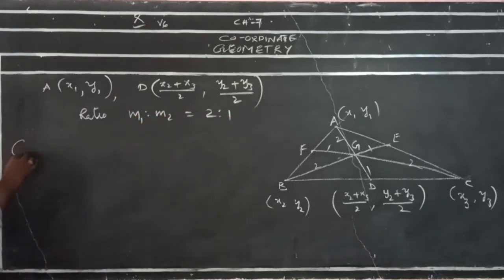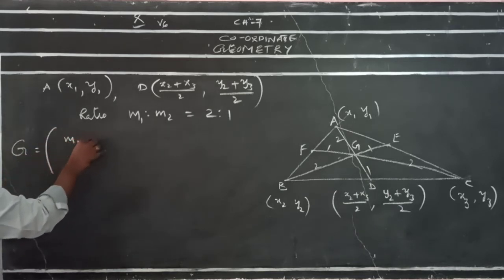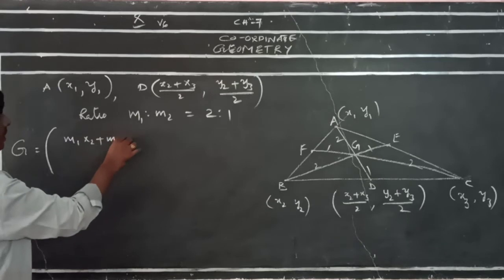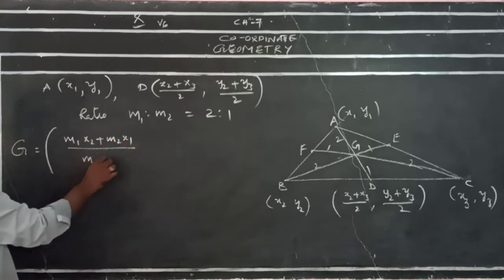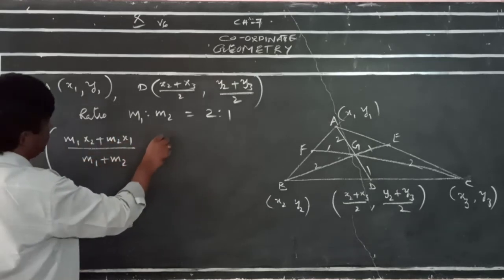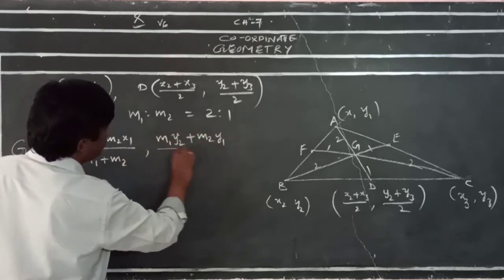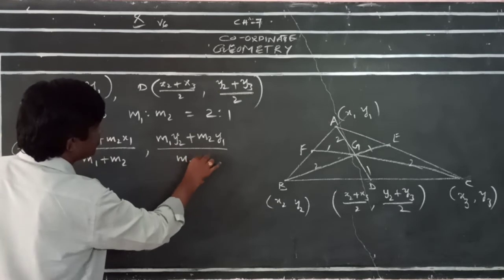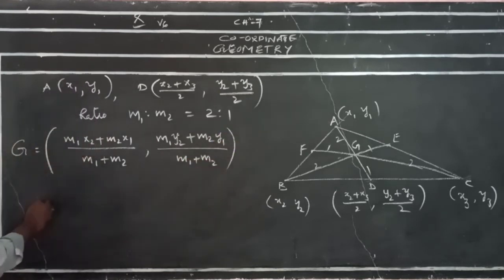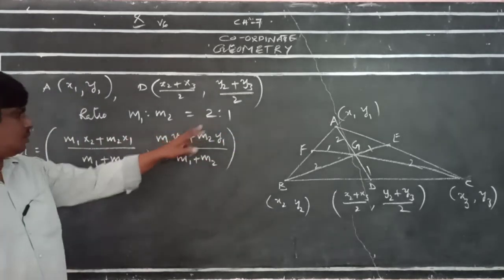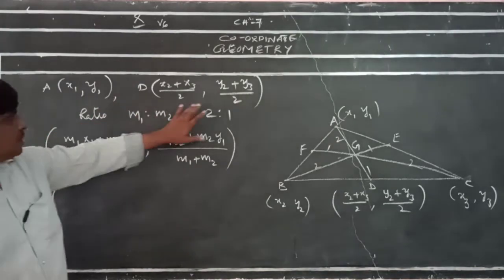So what is G? I will write the formula: m1 x2 plus m2 x1 by m1 plus m2, m1 y2 plus m2 y1 by m1 plus m2. Here m1 value is 2.